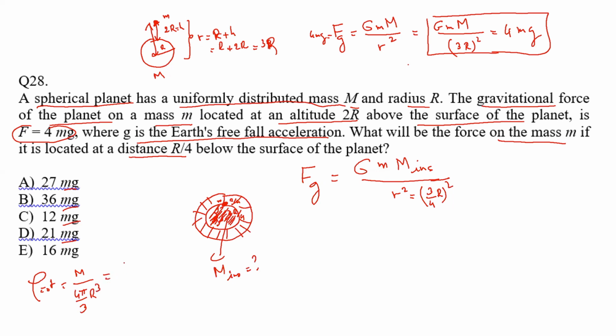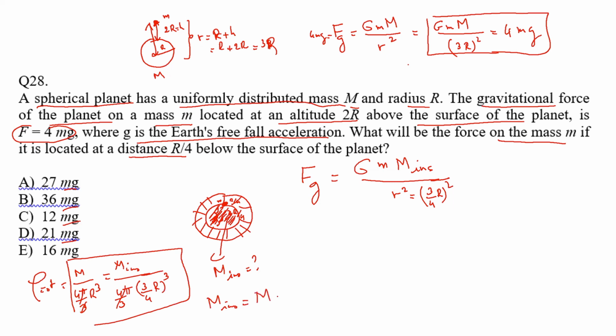But it's also equal to mass inside divided by 4 pi divided by 3 radius inside cubed, and radius inside is 3 divided by 4 r. So 4 pi divided by 3 will go away, and then I will have that mass inside, and we did this in class already, guys, will be total mass.